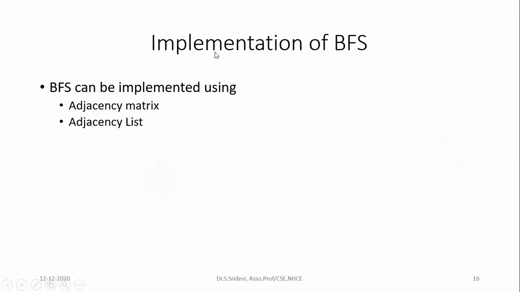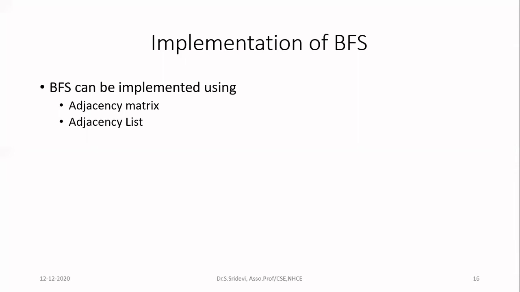Now let us see how to implement BFS. Similar to DFS, we can implement BFS in 2 ways. You can implement either by using the adjacency matrix or by using adjacency list. So now let us go for the adjacency matrix implementation of BFS. And I have already told you that when your given graph is a sparse graph, sparse means many of the entries will be having 0 value in the adjacency matrix.